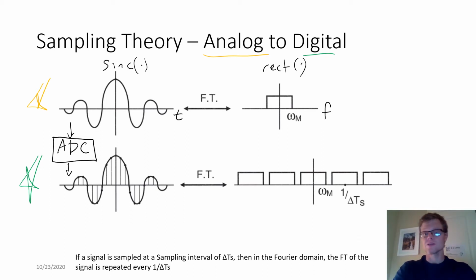And what's being illustrated here by this omega m is that this signal has a bandwidth, often abbreviated BW, that is 2 times this omega m value.